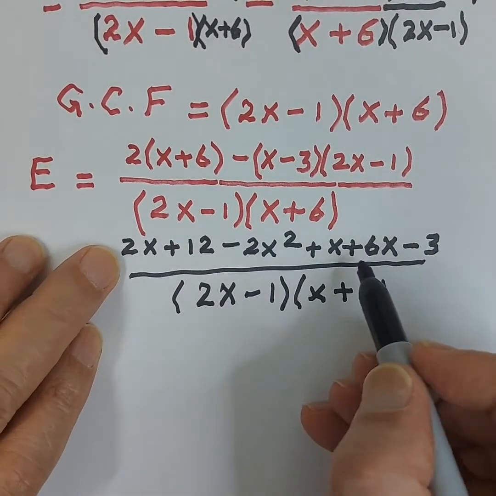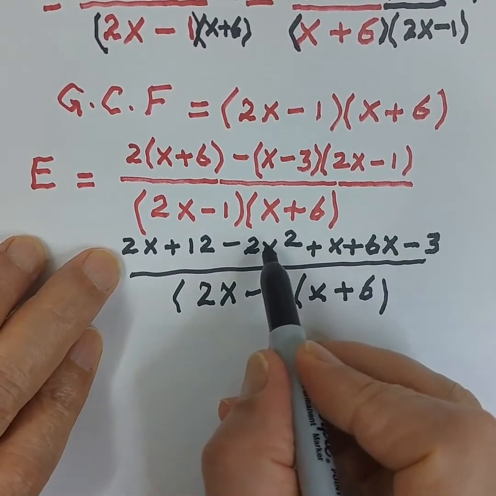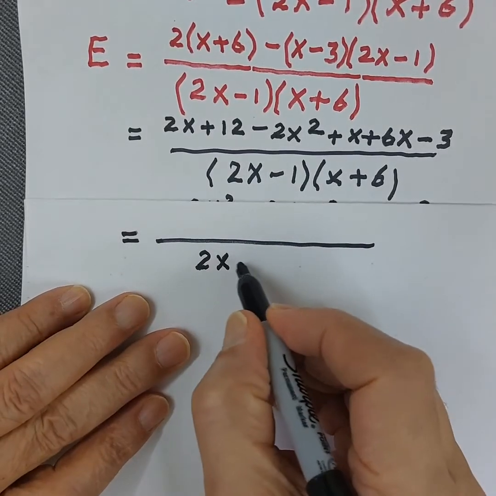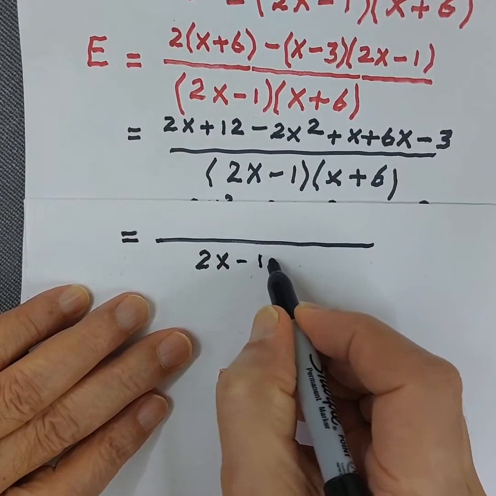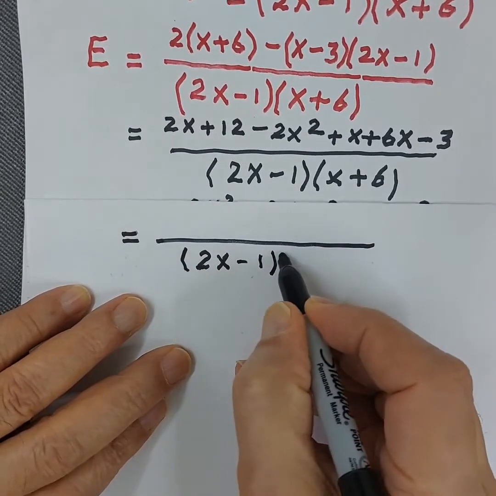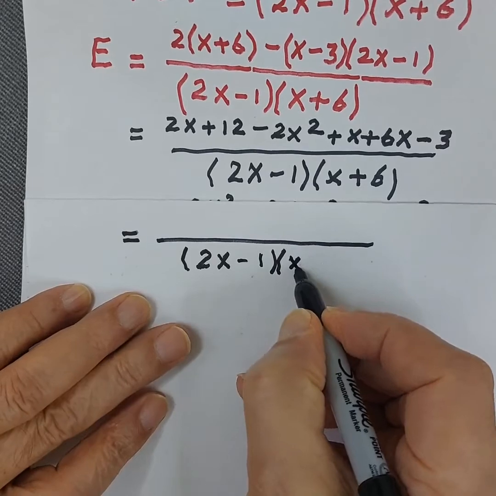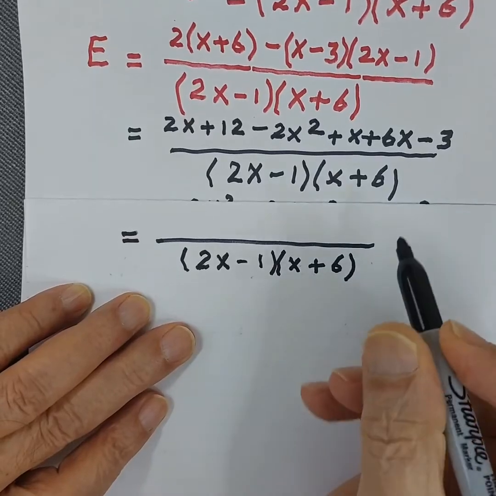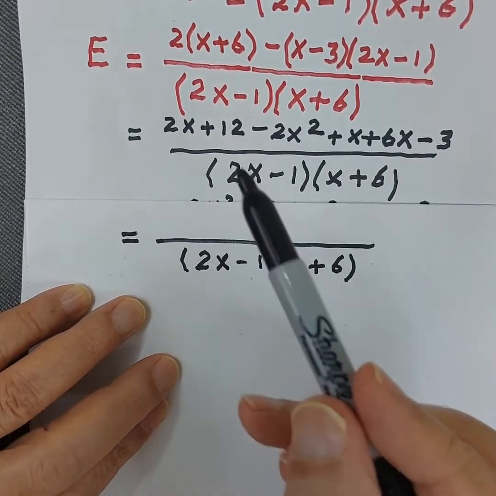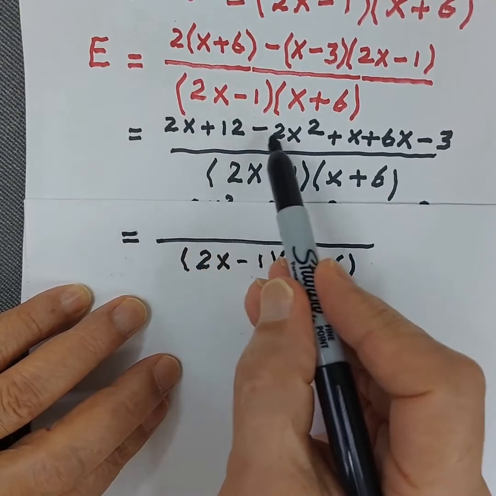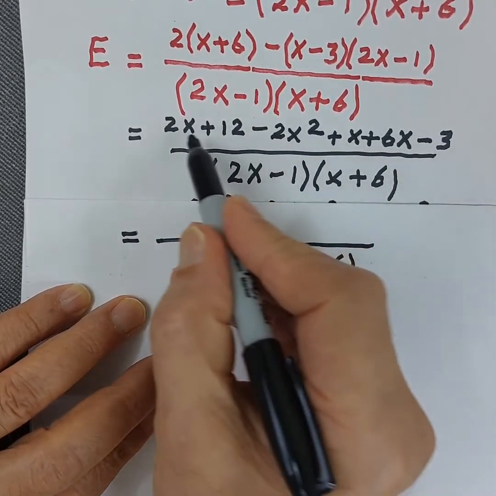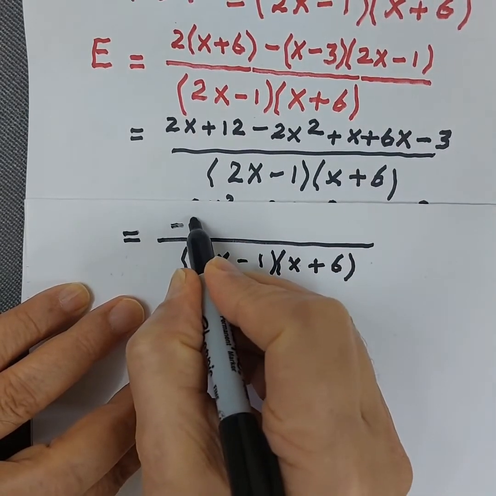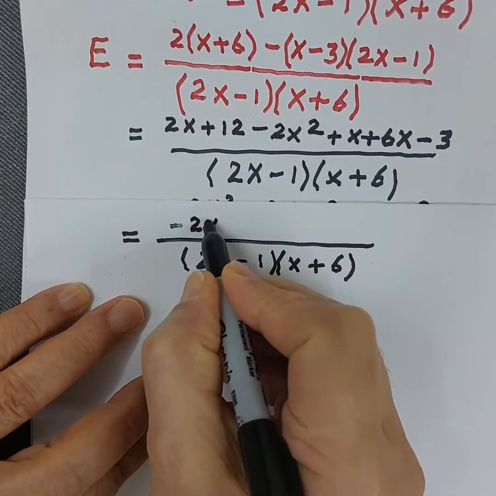Okay, now let us find the result for this. First, again, we make the fraction line, and the denominator is here without a change. Then we simplify the numerator. Here minus 2x squared, there are no other x squared terms to be added or subtracted, so we write minus 2x squared here.